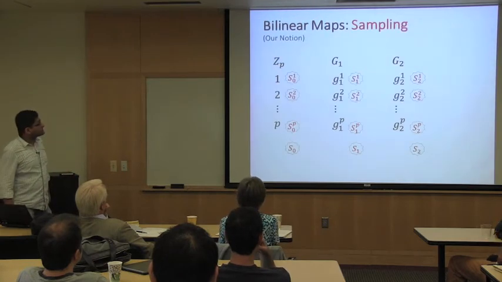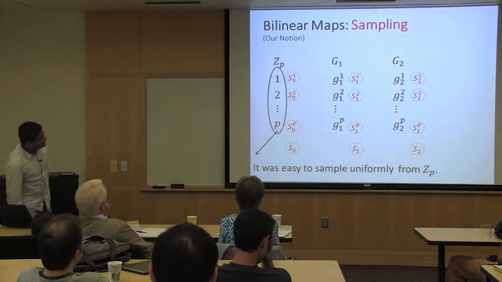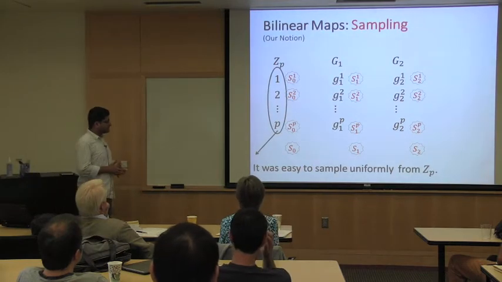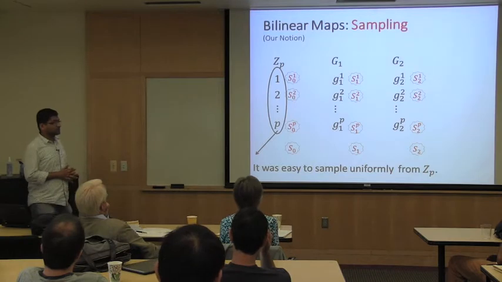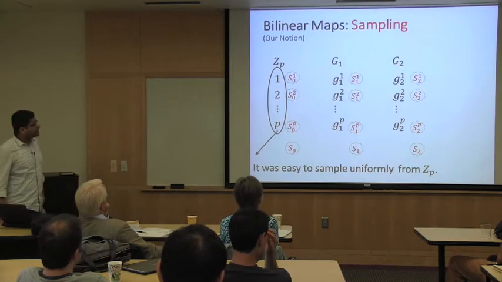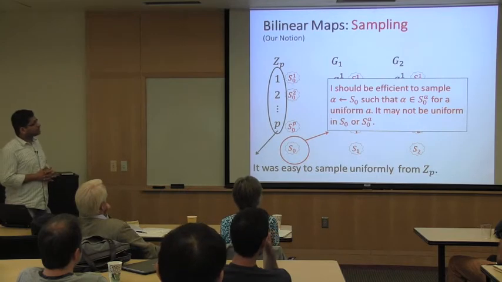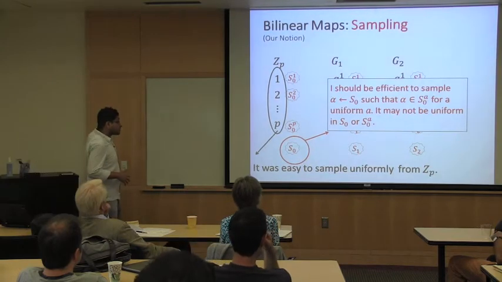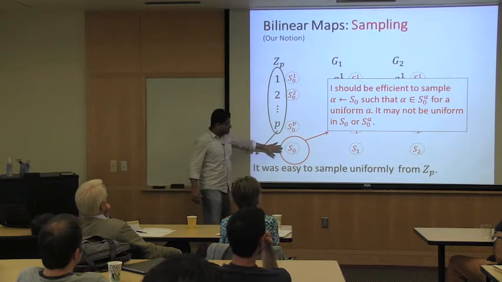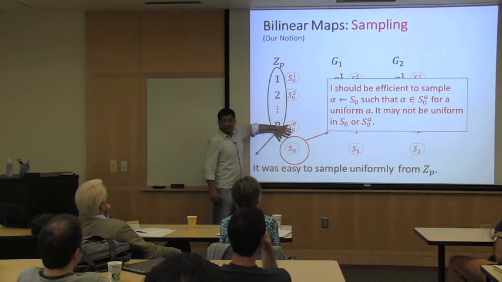Okay. So I said that in the setting of bilinear maps, or in general in ZP, it's very easy to sample uniformly from ZP. We're going to require an analogous property where it should be easy to sample from the set S0, but the requirement is that if I sample an element from S0, it's going to come from one of these sets.